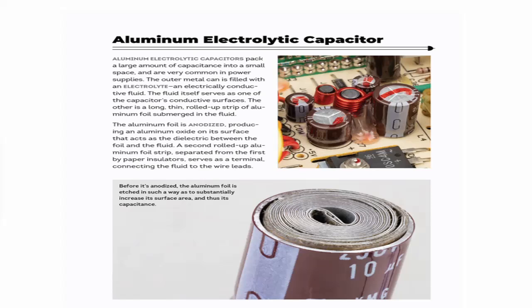Its advantages are high capacitance to size ratio, low cost, high ripple current capability, and suitable for high frequency applications. Disadvantages are limited lifespan, temperature dependent performance, may experience leakage current, and polarized. That means it requires correct voltage polarity.